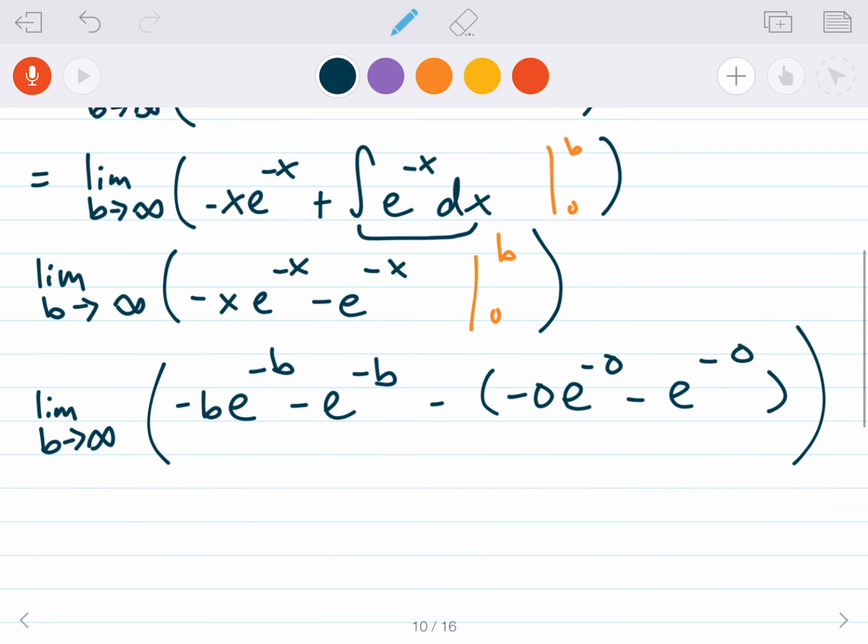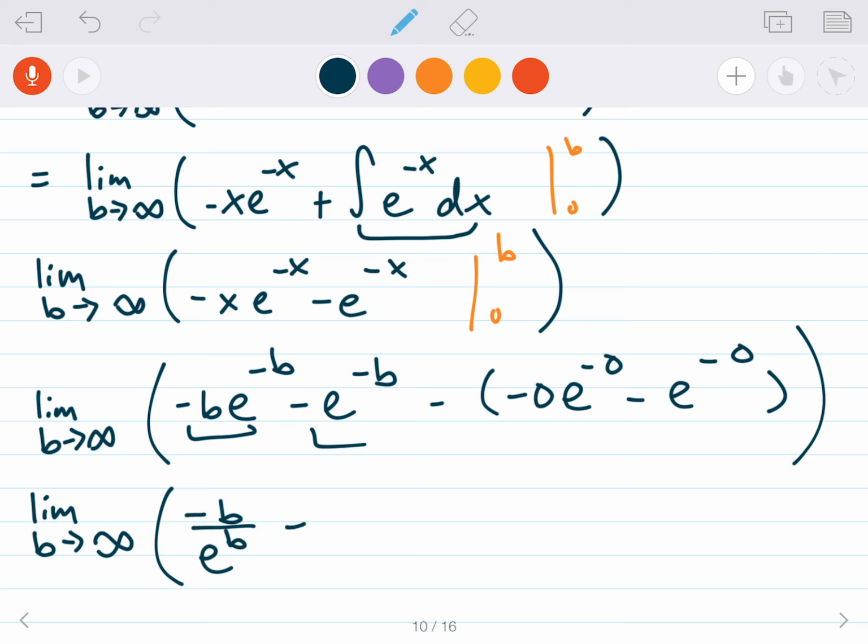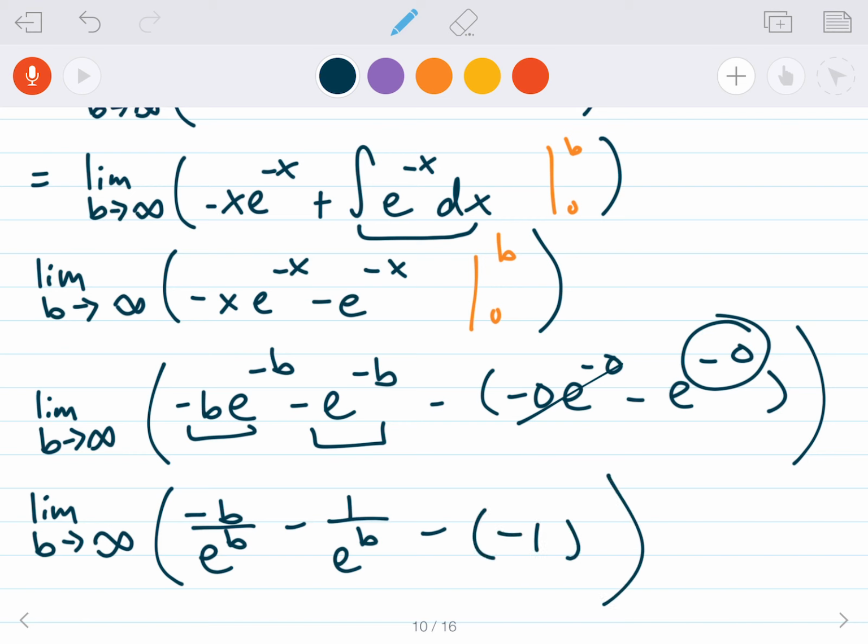Since I'm about to need denominators when I plug in infinity, I'll do this ahead of time. This thing is negative b over e to the b, minus 1 over e to the b, minus, this all goes to 0 right here. e to the negative 0 is 1, so this is minus 1, which becomes a positive 1. Put that in here.